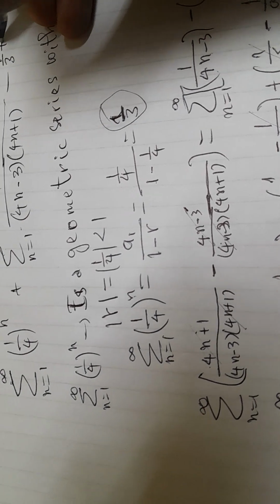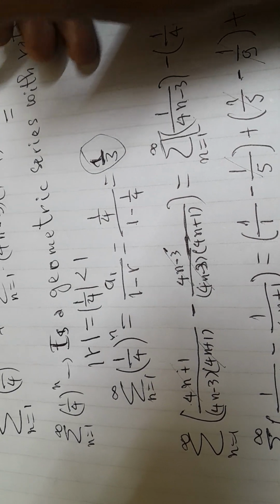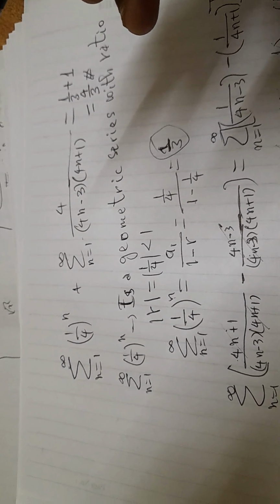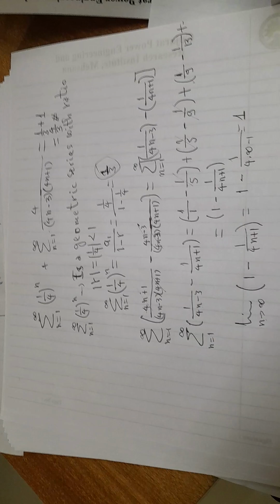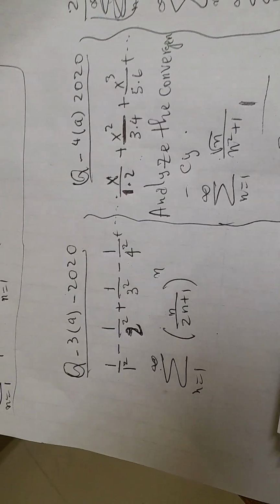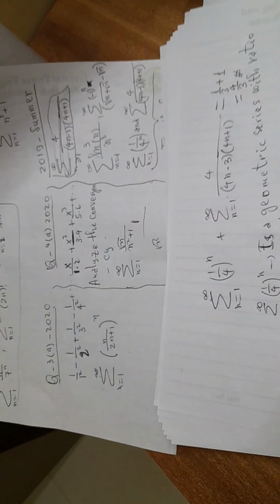This will be 1/3 plus 1. Just add them, you'll get 4 by 3. Okay, 4 by 3, and you are done. This is what they ask you to do. Let me see if there is another exercise I can do. Okay, these two I'll do for the next section so that I do not overload you guys.